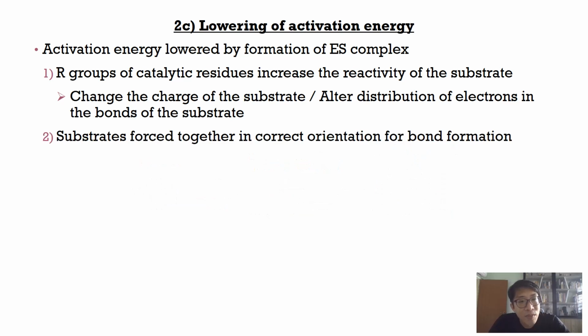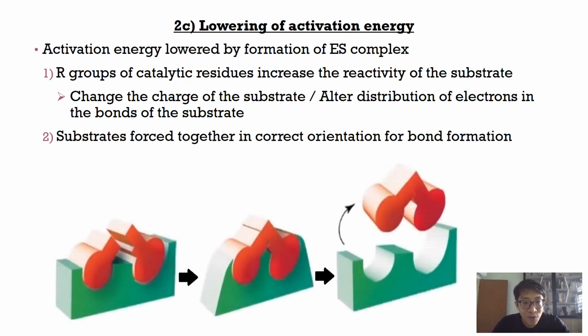A second mechanism is when the substrates are forced together in the correct orientation after binding to the enzyme, and this allows for bond formation. Using this picture, as you can see, there are two substrates and they have bound to the active site of this enzyme, and that triggers a conformation change.